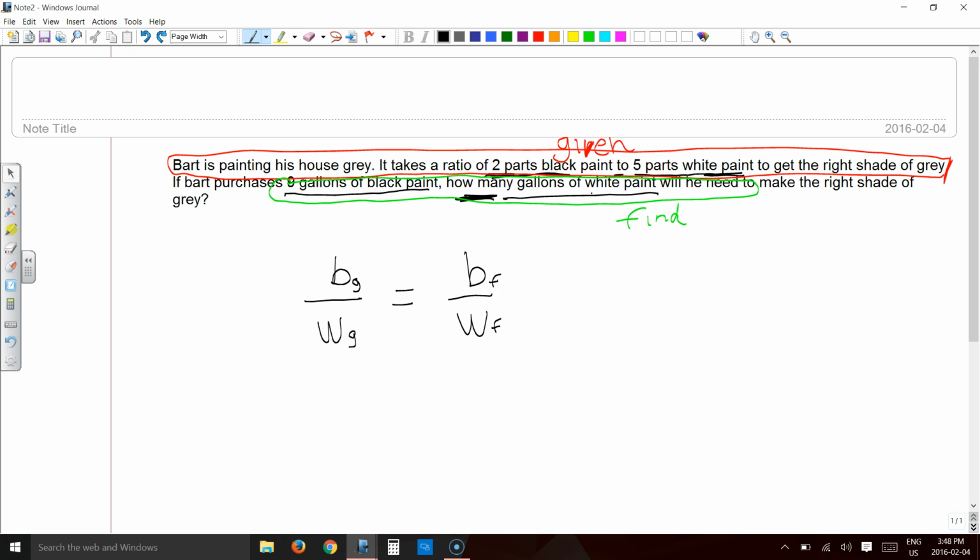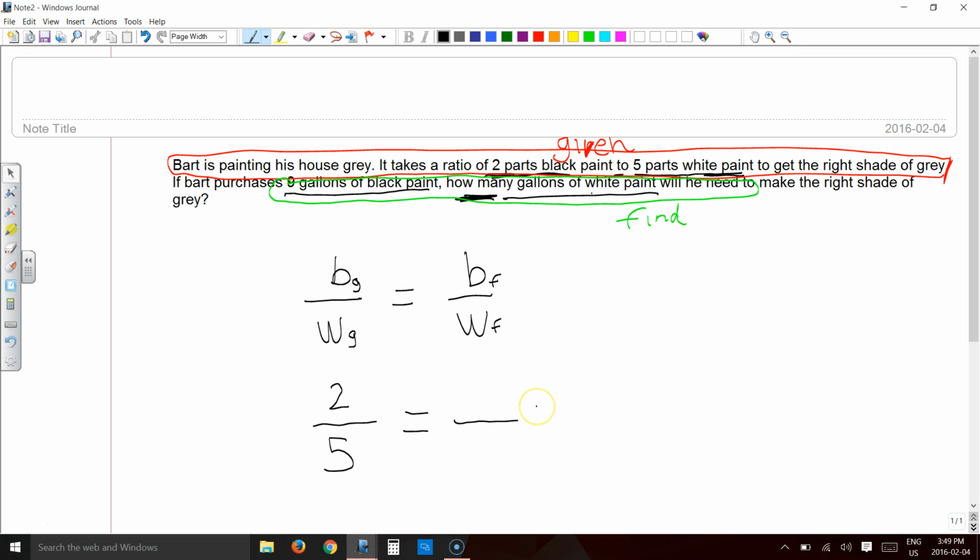All right. So let's plug in what we have in our question. Do I have any of these? Well, the black that's given in the ratio is 2 parts black, so I will put 2 for the black. And the white is 5 parts white. So 2 to 5 is the ratio of black to white in the given.